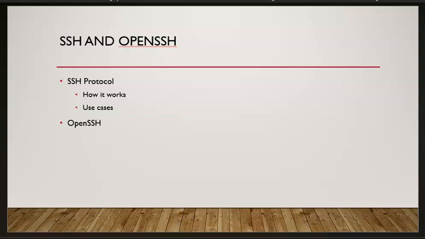The protocol uses a client server model where the SSH client connects to the SSH server to establish a secure communication channel. The SSH protocol provides strong encryption, integrity, and authentication mechanisms to ensure that the communication channel is secure.